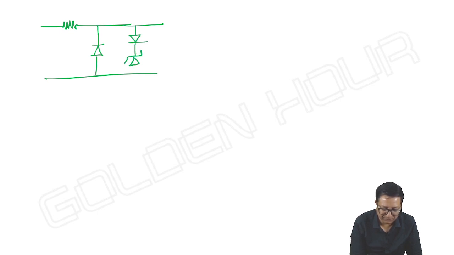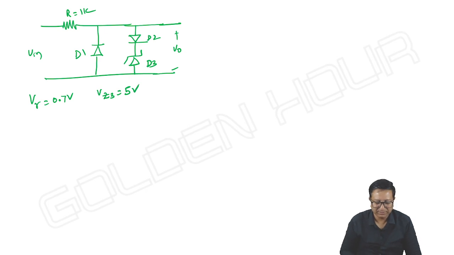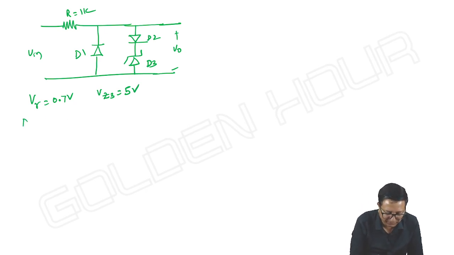Here I am placing one more GNR diode. D1, D2, D3, some are 1 kilo, input, output. Okay, and V gamma, the diode forward voltage is 0.7 volts, and VZ3 breakdown voltage of GNR diode is 5 volts. Then draw the transfer characteristics.